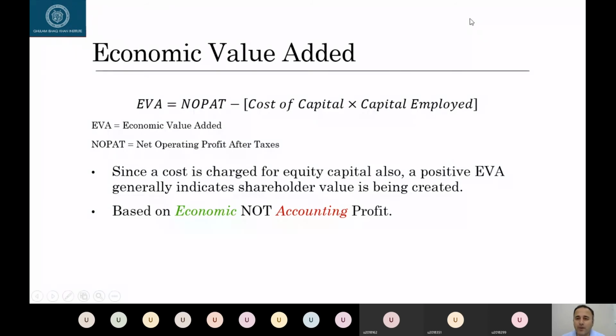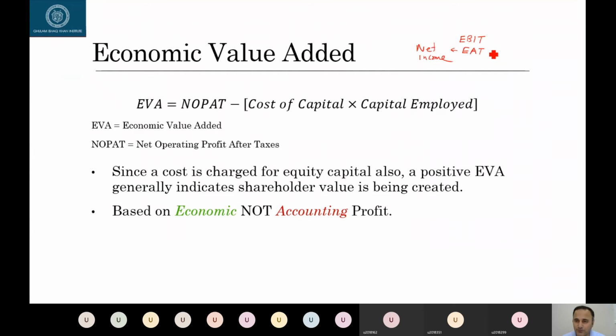So if you remember a typical balance sheet, income statement, we have one item called EBIT, earning before interest and taxes. And then we have another item called EAT, which is earning after taxes. This is also called net income.